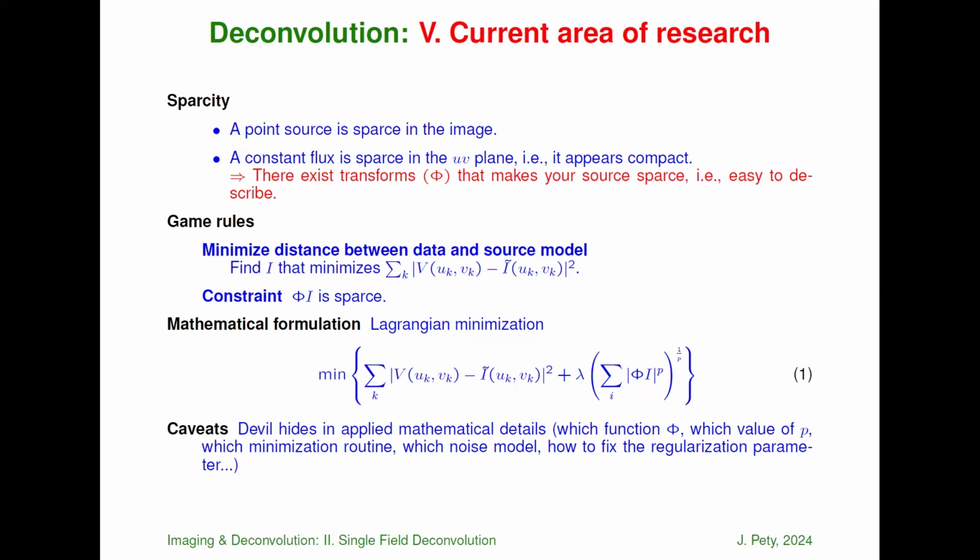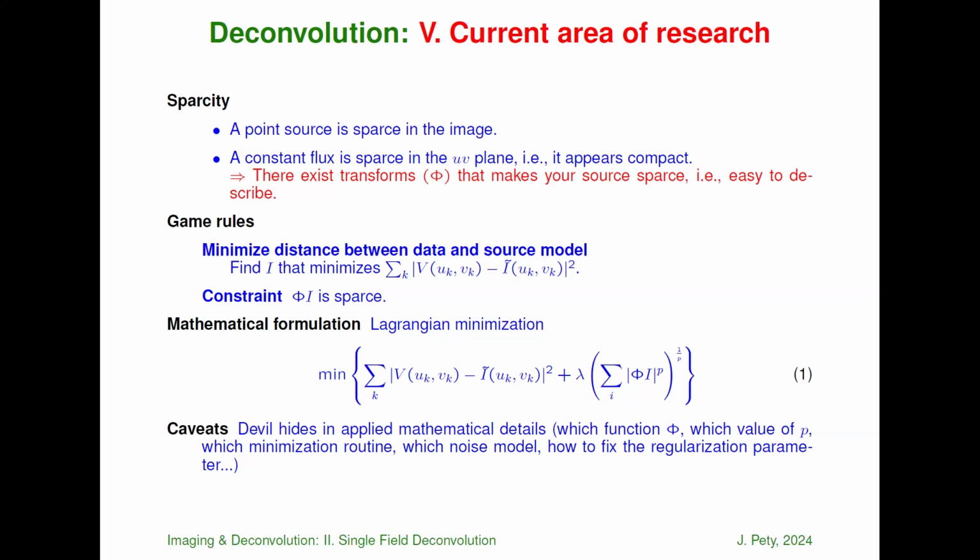The goal is to find the intensity distribution that minimizes the chi-square of your data, so the visibility minus the Fourier transform of your sky intensity. Again, here I'm forgetting about the primary beam, the detail. Under the condition that phi I, the transform of I by phi, is sparse.